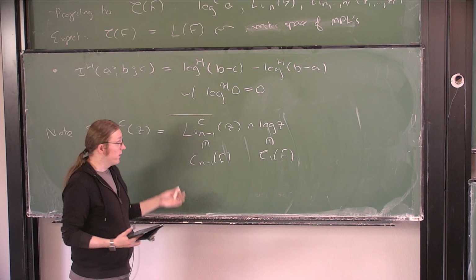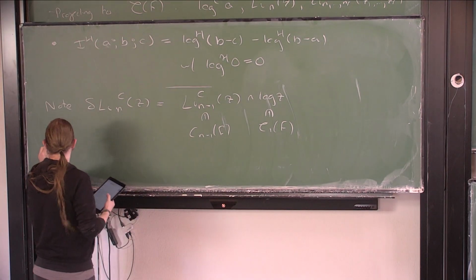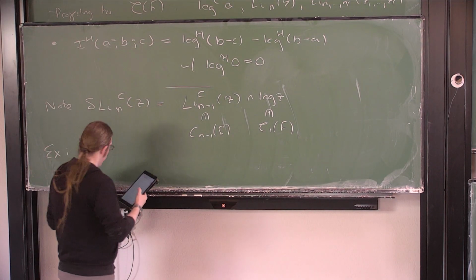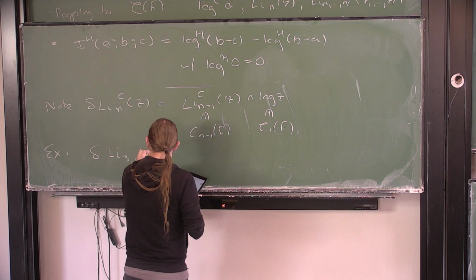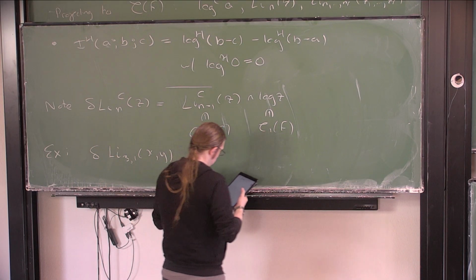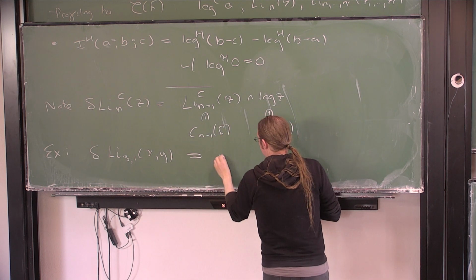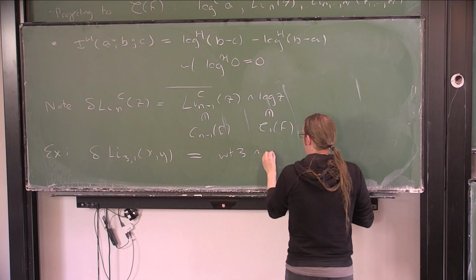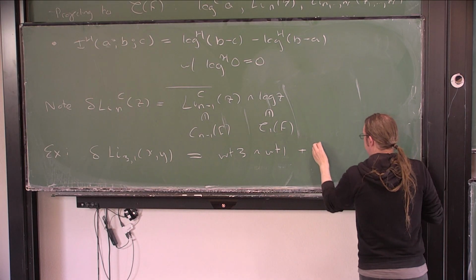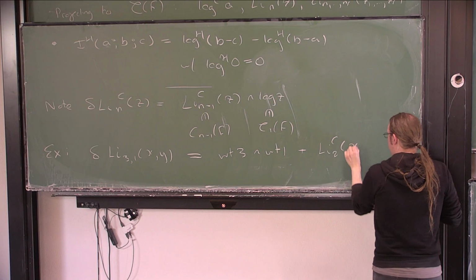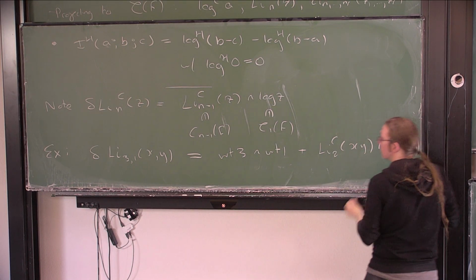generically, the coproduct is going to land in wedges of any possible combination of pieces. So as another exercise or example, you can check Li3,1 of x, y. I won't write out the full formula, but it's a piece of the form weight 3 wedge weight 1, plus very explicitly Li2 of xy wedge Li2 of y.